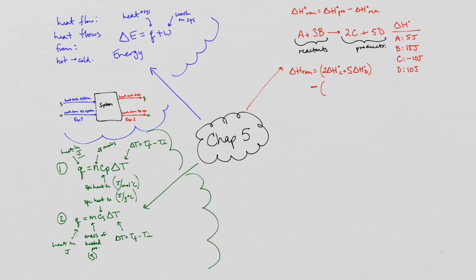I just ran out of room. Minus delta HA plus 3 delta HB. Important that you remember it's products minus reactants. This can be a positive number, it can be a negative number. We'll find out once we do the problem. So let's do the problem.